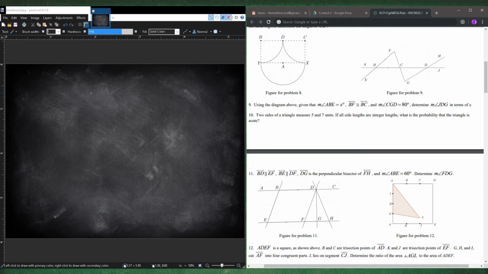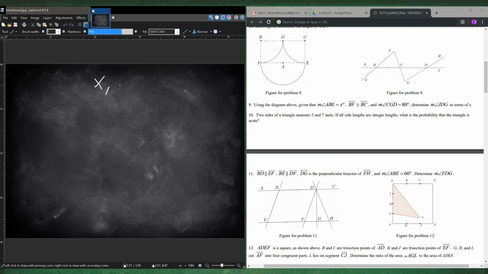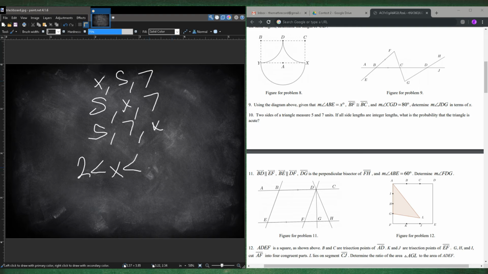So if we have a side length x, then we have x, 5, 7, or 5, x, 7, or 5, 7, x. Then x plus 5 has to be greater than 7, so x has to be greater than 2, and x has to be less than 12, because 7 plus 5 is 12, and 12 has to be greater than that. So the numbers have to be between 2 and 12.